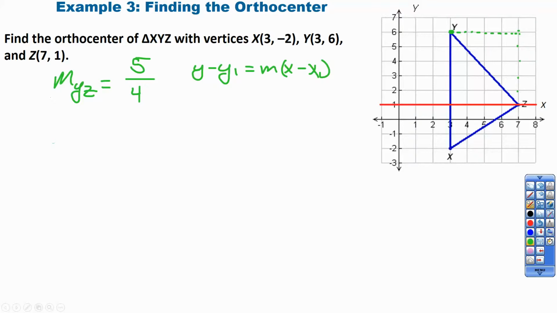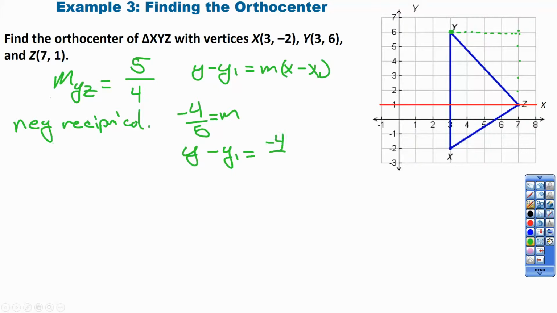How do you find the perpendicular line to YZ? Yes, whoever said it or was thinking it, you need to find the negative reciprocal. So the negative reciprocal would be negative 4/5. That would be our slope for this point. So we say y minus y1 is equal to negative 4/5 times x minus x1.